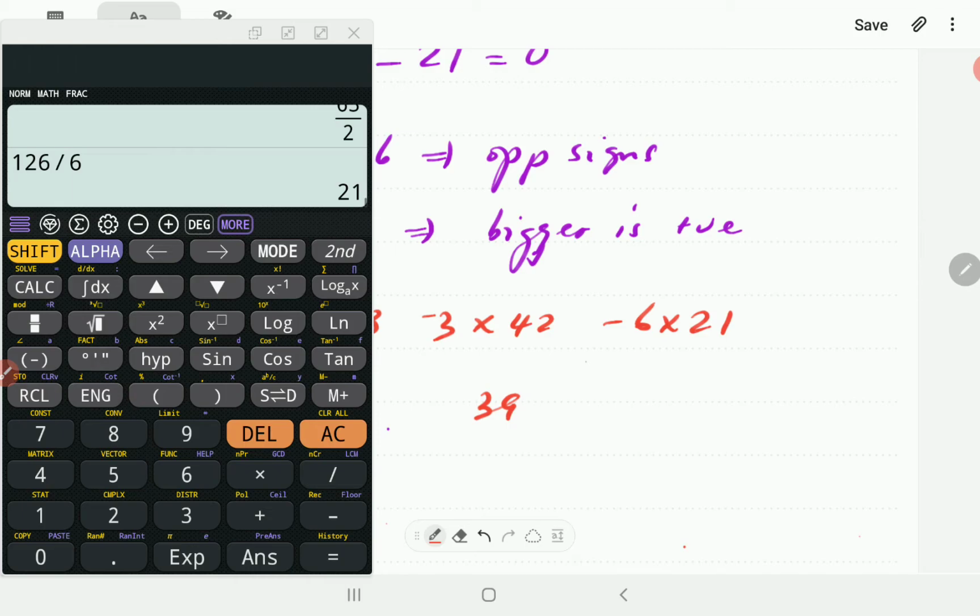And then 21 minus 6 is 15. 7 shouldn't go into 126. No, actually it does. So negative 7 goes 18 times. 18 minus 7 is 11.